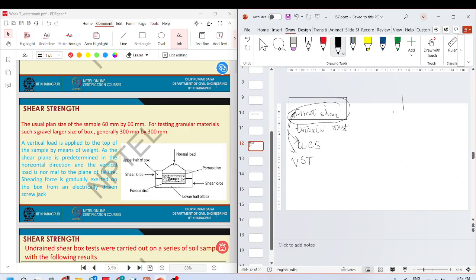So we discussed that there are two kinds of tests. First, there is the drained test, and there is the undrained test. So what is a drained test? One in which drainage is allowed both physically and temporally.